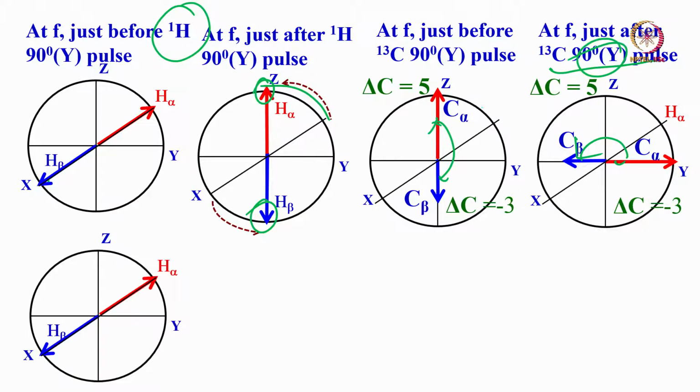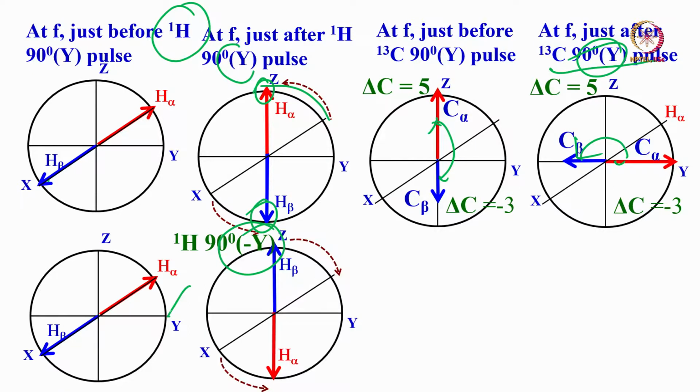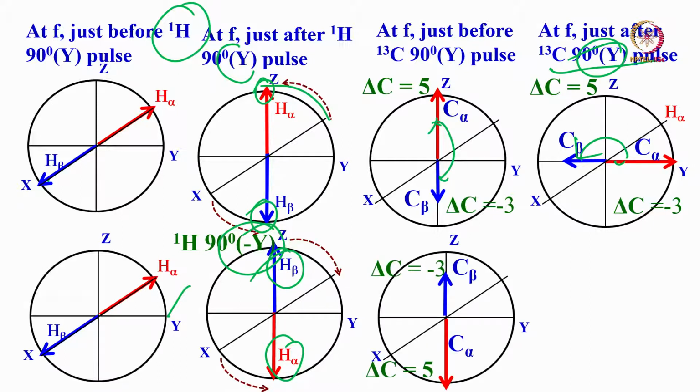Now let this be the same, we are not touching that, and here instead of proton plus 90 y we apply minus 90 y. See what is going to happen. The alpha component came here, the beta component came here, because it is a minus 90 along the y axis we are applying. The phase of the pulse is minus y now. It will continue like this.